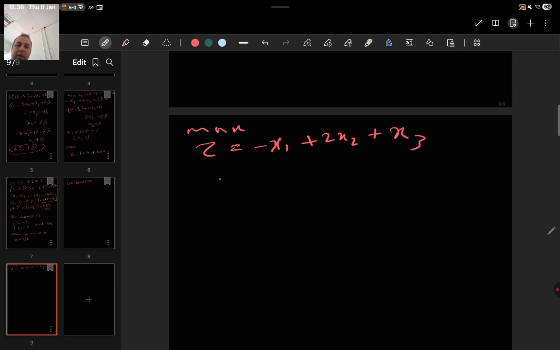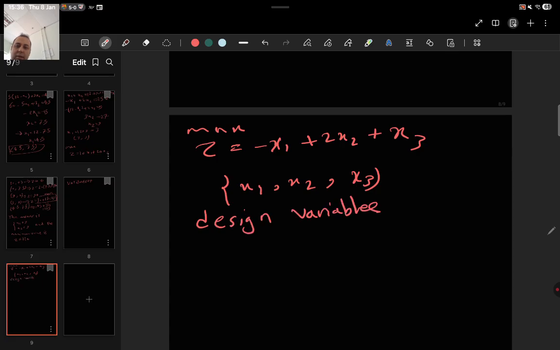So we have 3 design variables, which are x1, x2, x3, which are our design variables.